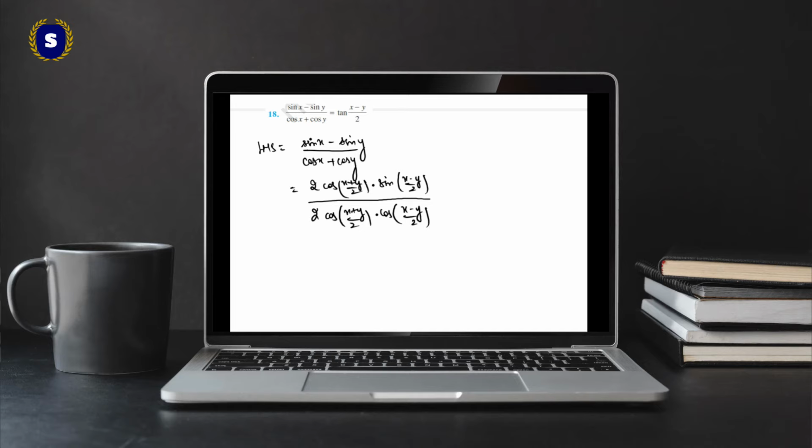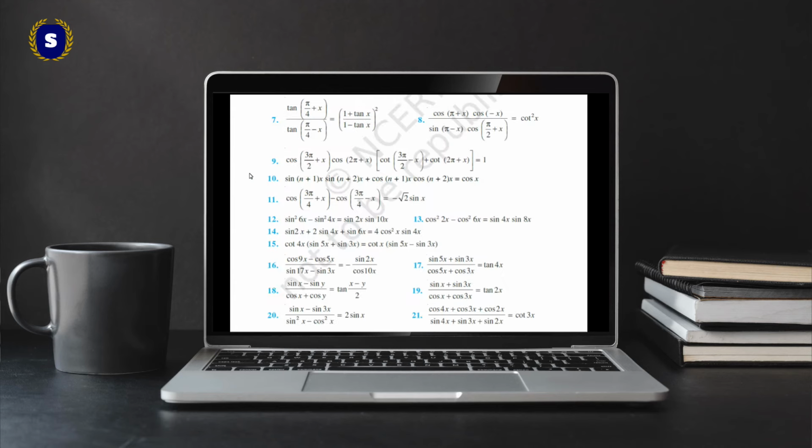So we can see that 2 and 2 cancel out, and cos (x plus y) divided by 2 cancels out. So we are getting sin (x minus y) by 2 upon cos (x minus y) by 2, that is equal to tan (x minus y) by 2. This is equal to RHS. Hence proved. Let us jump to the next question, that is question number 19.